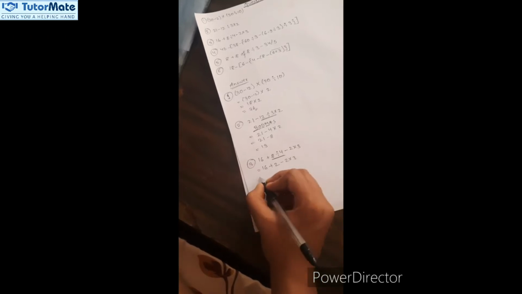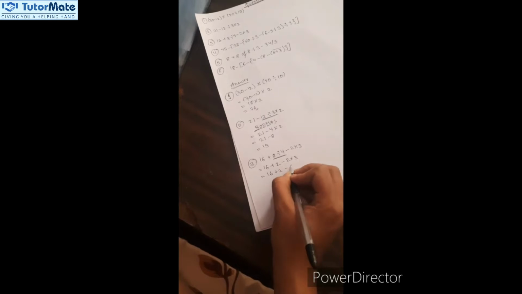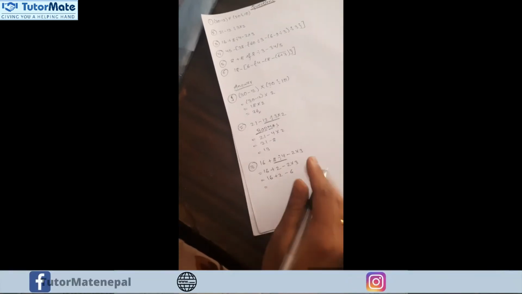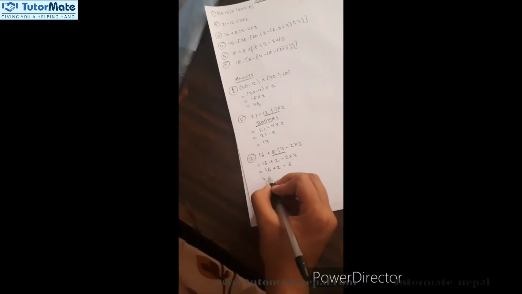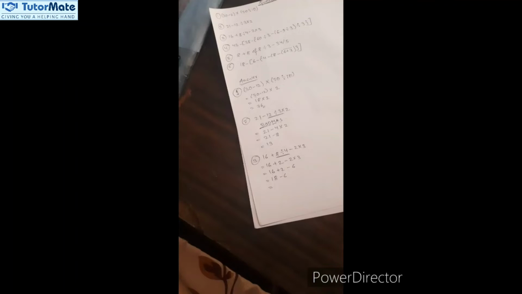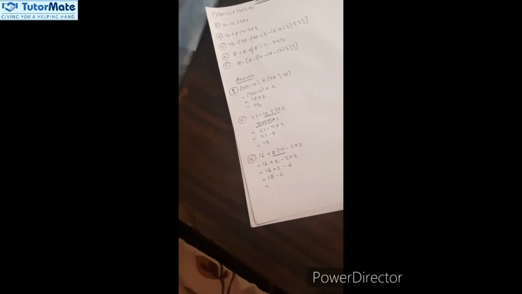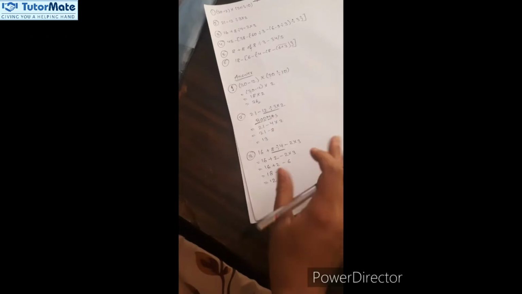Now the second step is multiplication. 2 threes are 6. Now there is addition, so 16 plus 2 means 18, minus 6. 18 minus 6 means 12. So this is the answer.